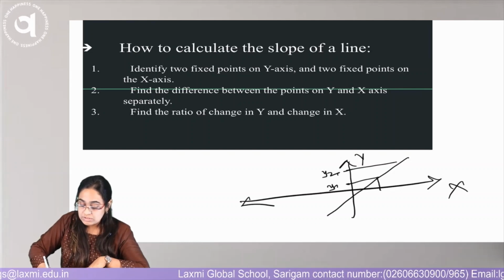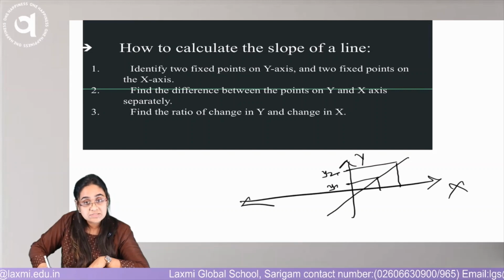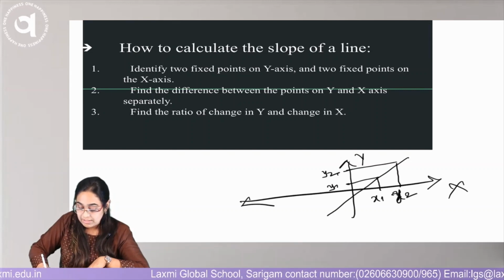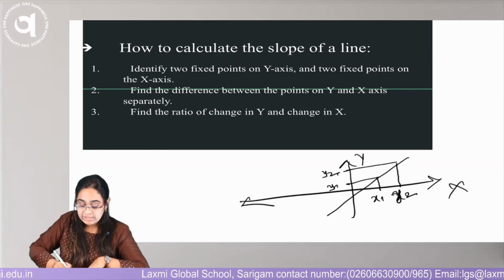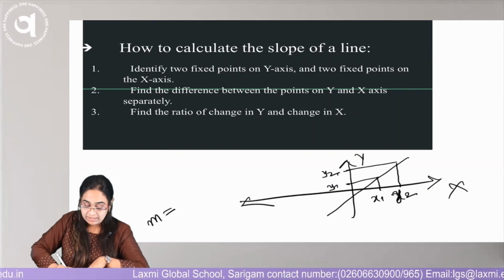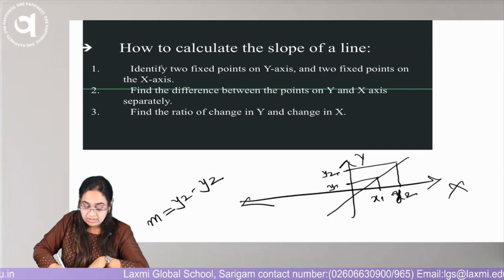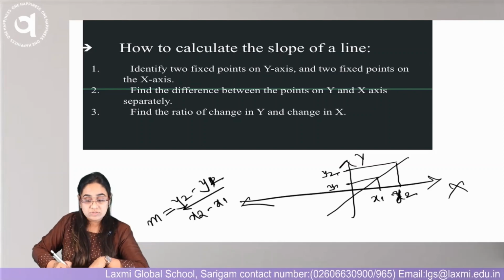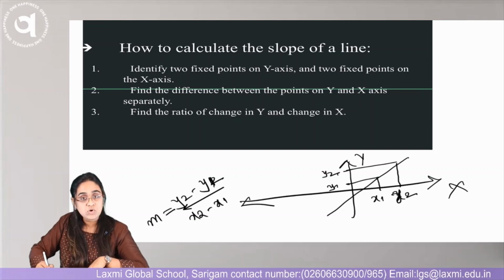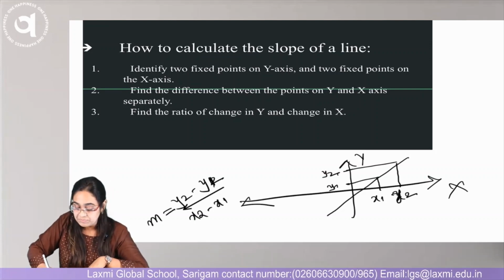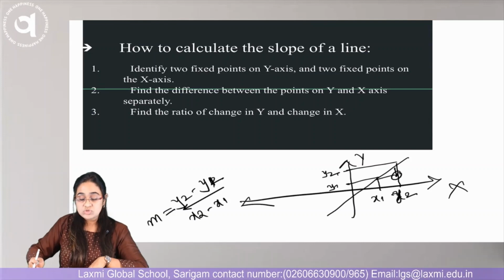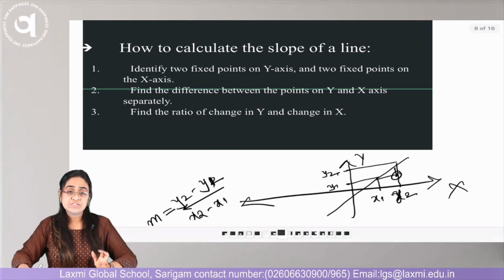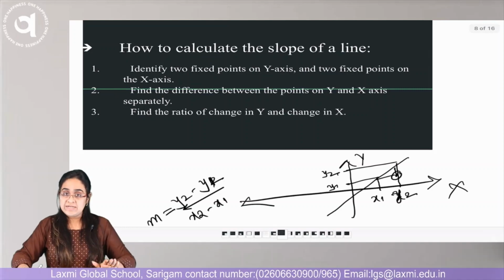Fix 2 similar points with the same distance on the x axis as x1, x2. The value for gradient m will be given by change in y, that is y2 minus y1, divided by x2 minus x1. You can take any 2 points on the x and y axis simultaneously. The change will give you the slope, gradient. In simple words, it is the ratio of change in y and x, so there are no units attached to slope.